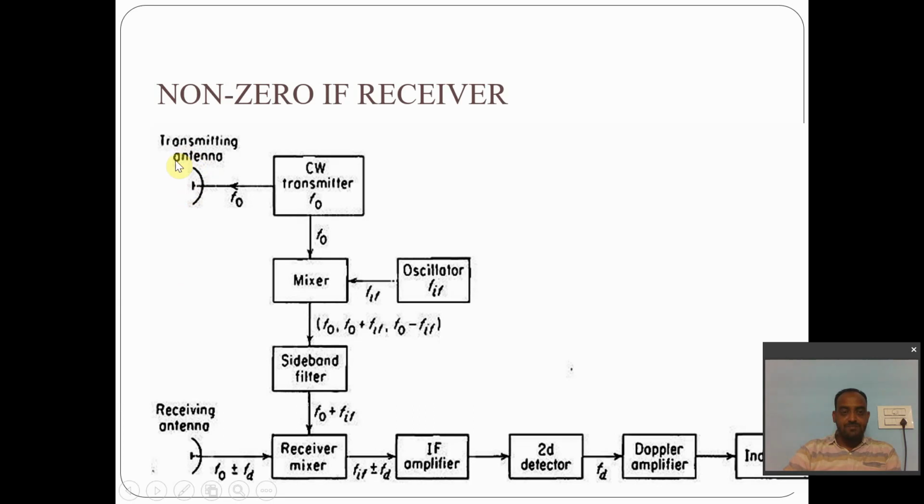We already know that if the target is moving, the echo will have a Doppler shift, and the resulting frequency will be F0 plus or minus Fd. This is heterodyned with F0 plus FIF. F0 is common, so it is cancelled, and the rest, FIF plus or minus Fd, will be the output of this mixer.